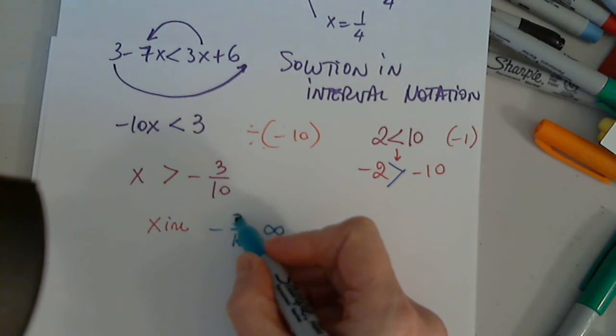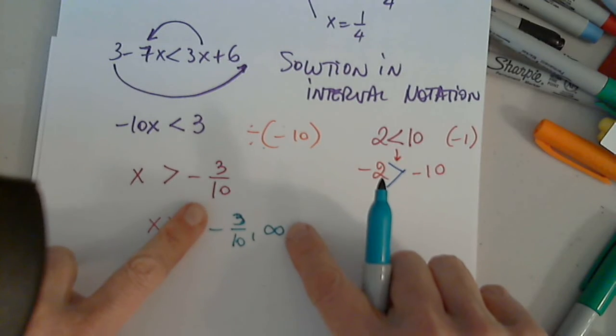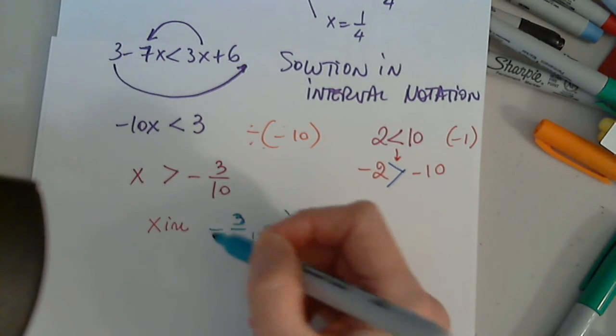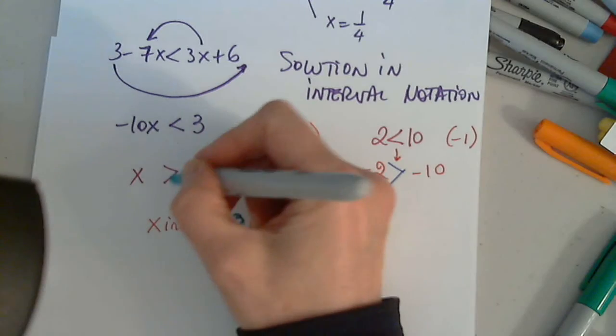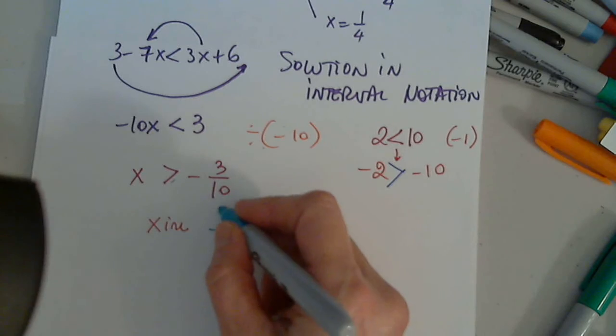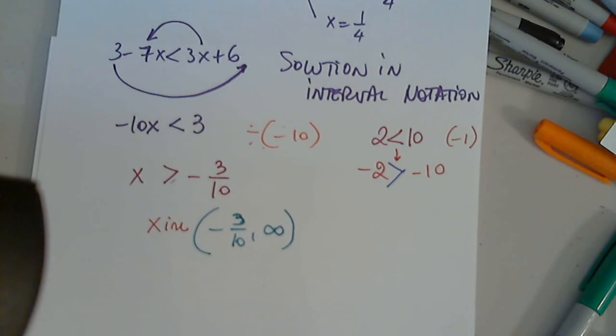Good. So what type of symbols do we use? The infinity is a soft bracket and the other side's a hard bracket. Careful. Only when there is an equal symbol. So then we have no equal symbol, so that's also negative 3/10 comma infinity. This is the interval notation. Any questions on this?